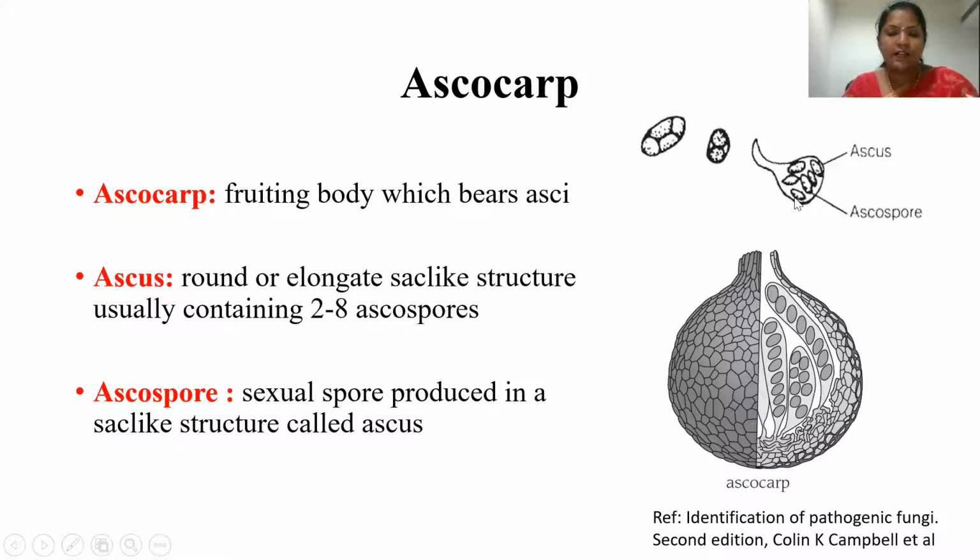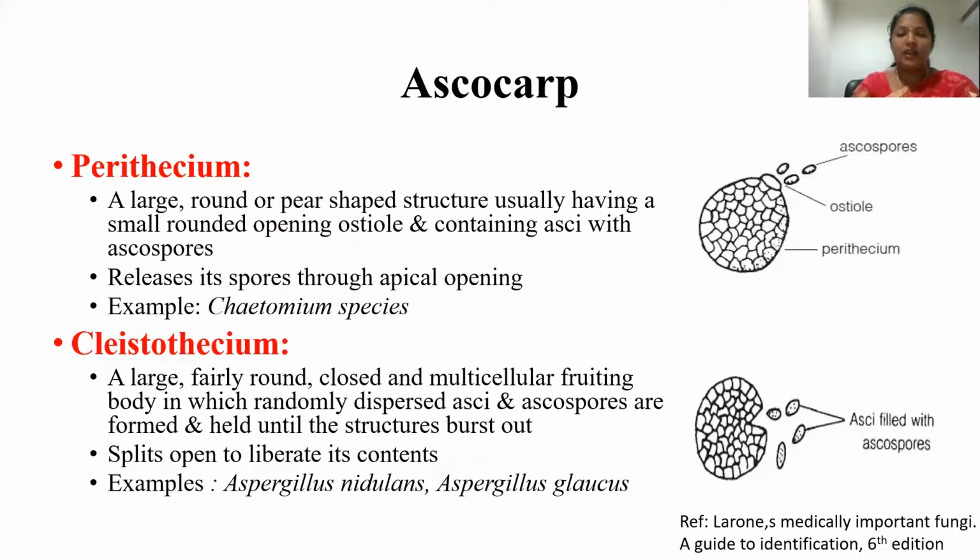Asci are round or elongated sac-like structures which usually contain 2 to 8 ascospores. Ascospores are the sexual spores produced in a sac-like structure called ascus. Ascocarps are divided into two types: perithecium and cleistothecium. Perithecium is a large, round or pear-shaped structure, usually having a small rounded opening called ostiole and containing asci with ascospores inside. The perithecium will release its spores through an apical opening called ostiole.